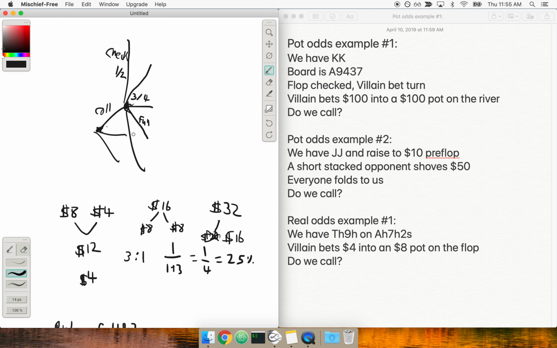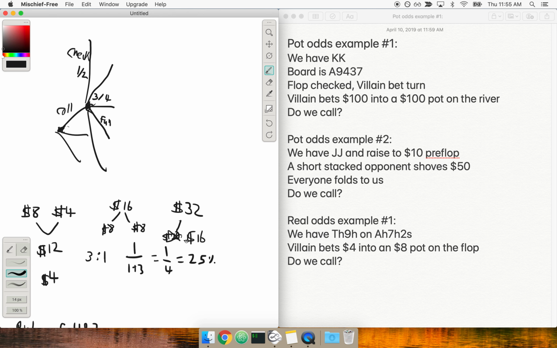But I want to emphasize that I made these numbers up. I didn't pick them out of thin air. I used my judgment to come up with a good approximation, but I did make them up. How much is he going to bet on the turn? How much are we going to win when we hit on the river?